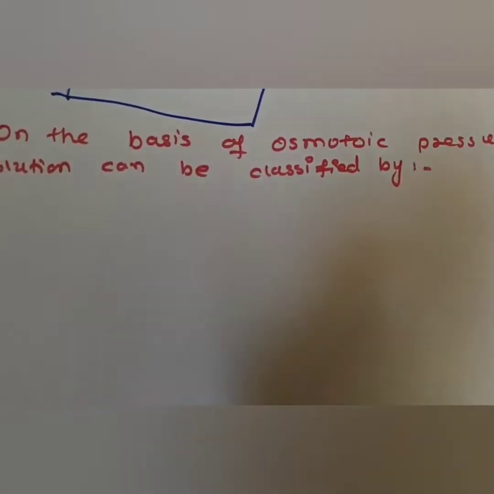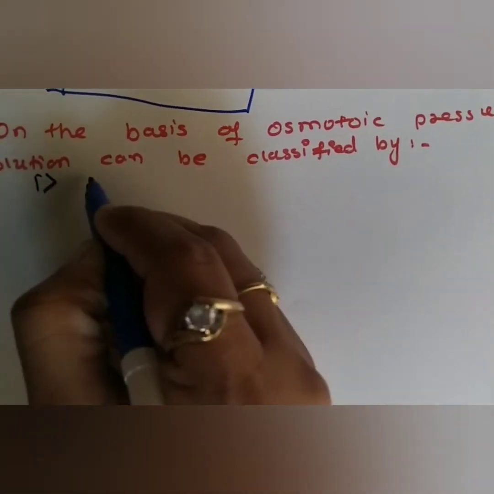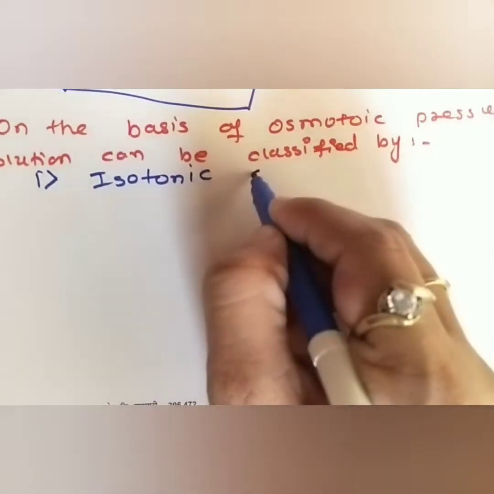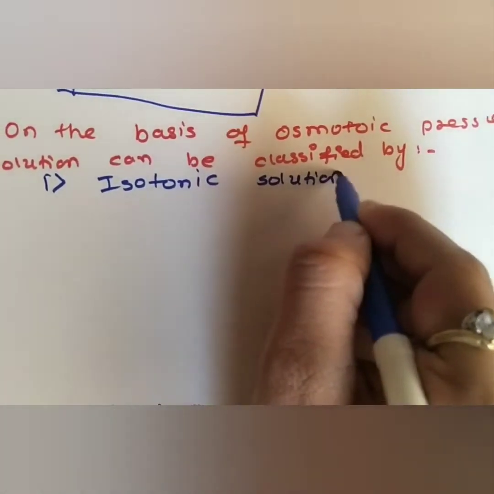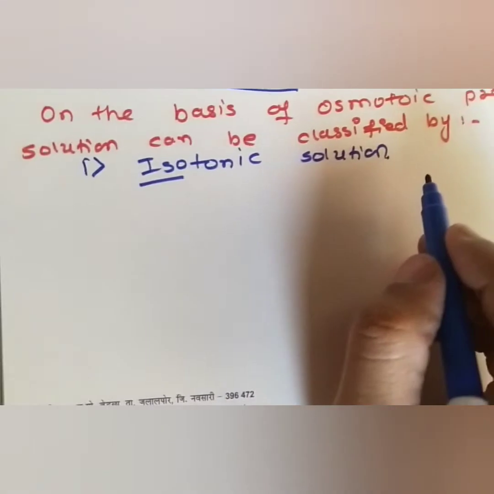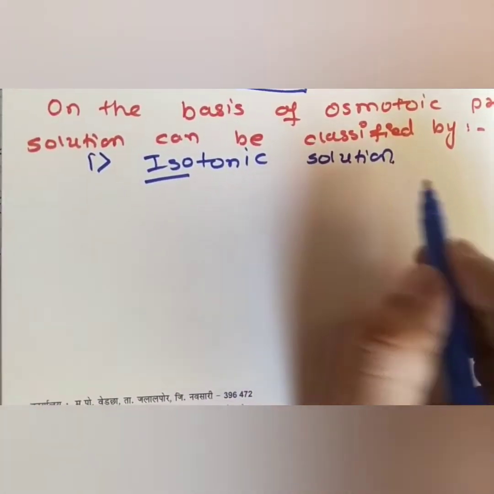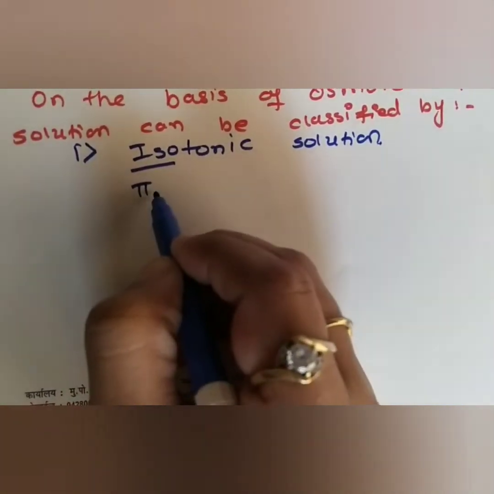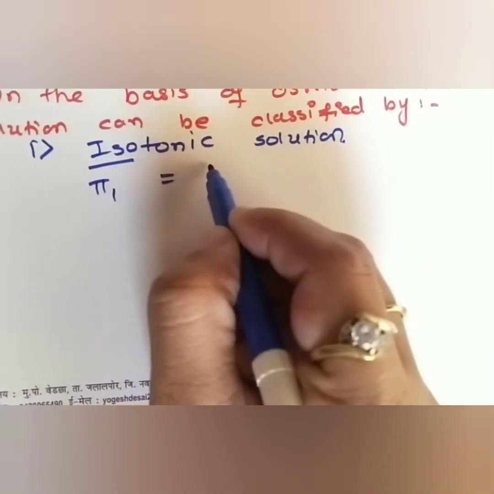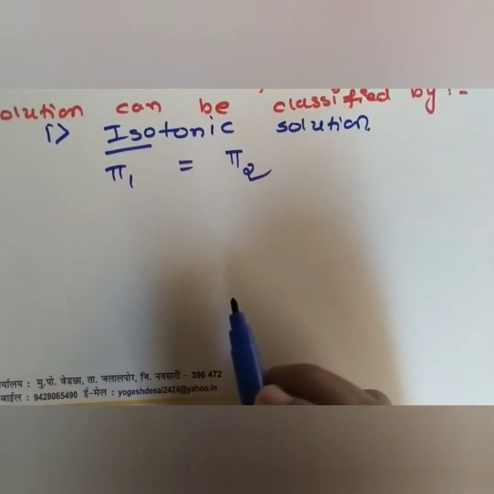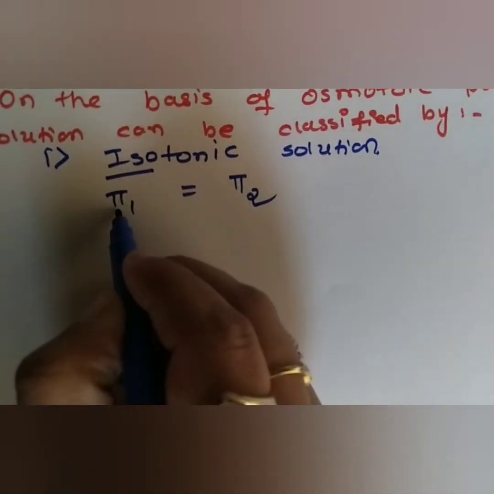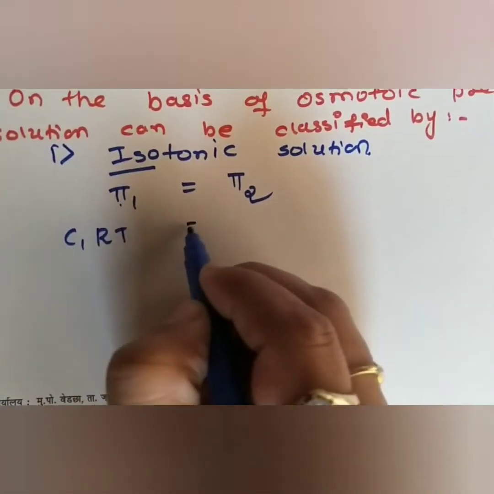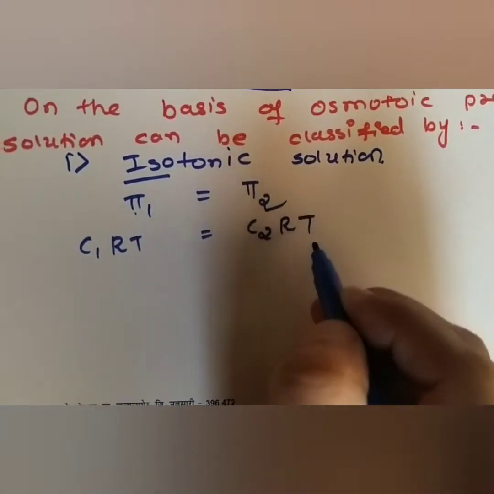Osmotic pressure solution can be classified by, first is isotonic solution. Isotonic solution. Okay, iso means same. Isotonic means what? The two solutions which are having same osmotic pressure. Means solution 1 has osmotic pressure pi 1 and solution 2 has osmotic pressure pi 2. Okay, what is the formula of pi 1? For concentration is different, so we can say C1 RT is equal to C2 RT.